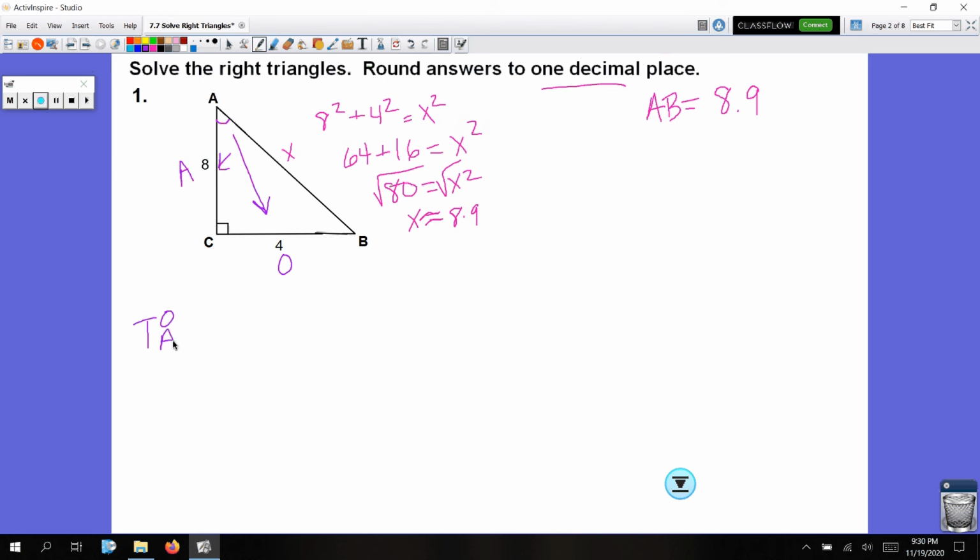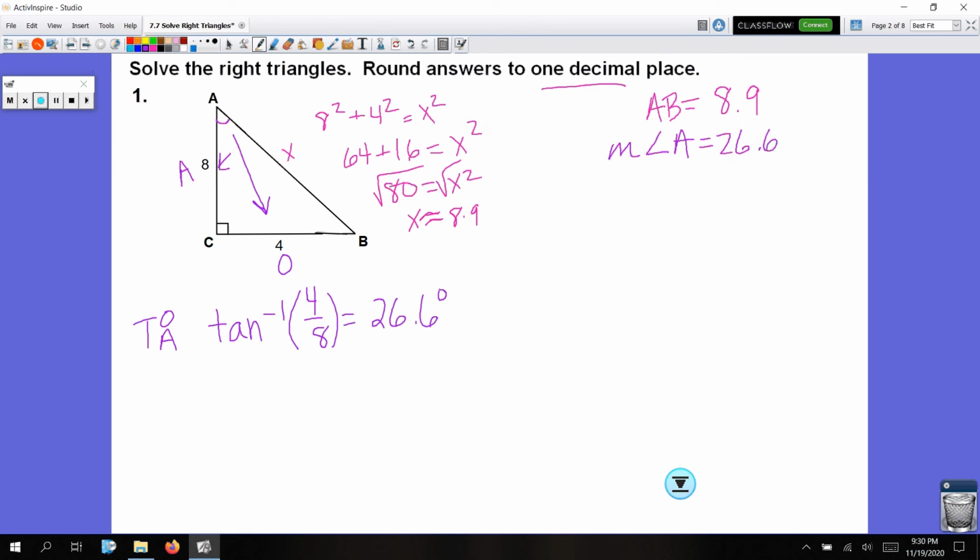Remember, we're looking for the angle which is inside, so we say tangent inverse of the ratio 4 over 8. Right? Get out your calculator, hit second tan, 4 divided by 8, enter. And you should get 26.565, and so on. But we're going to round to one decimal place. That gives us 26.6 degrees. So we can say the measure of angle A is 26.6.